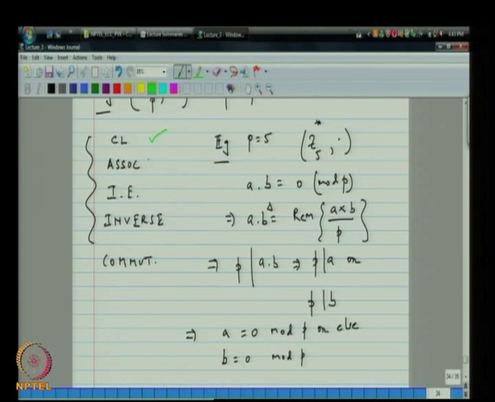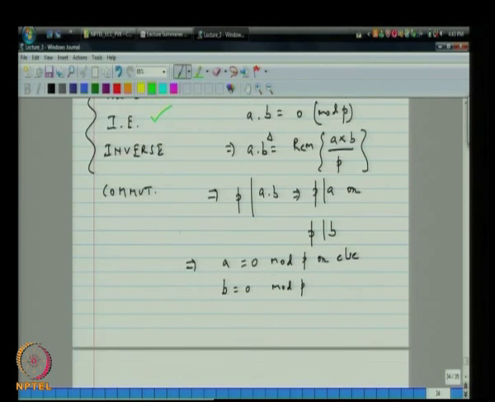You can similarly check that the associative property is satisfied, and also the identity element is just 1. So, that leaves us with the question of inverse. And how about the inverse?